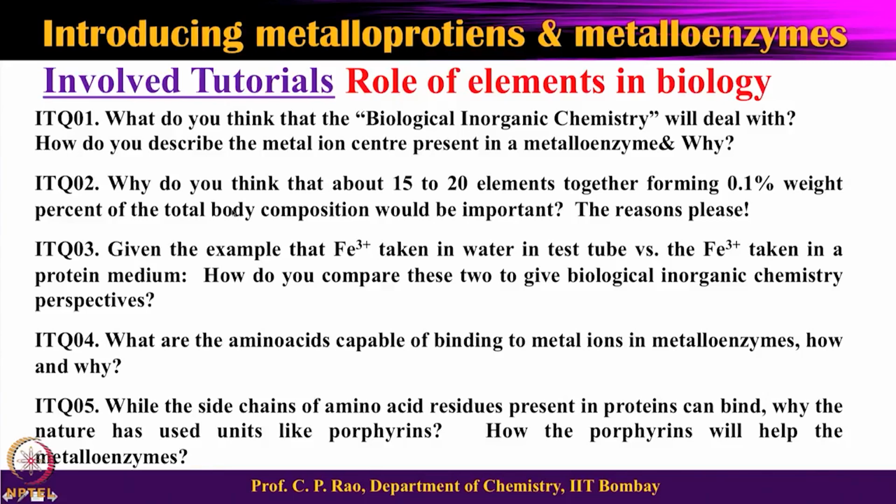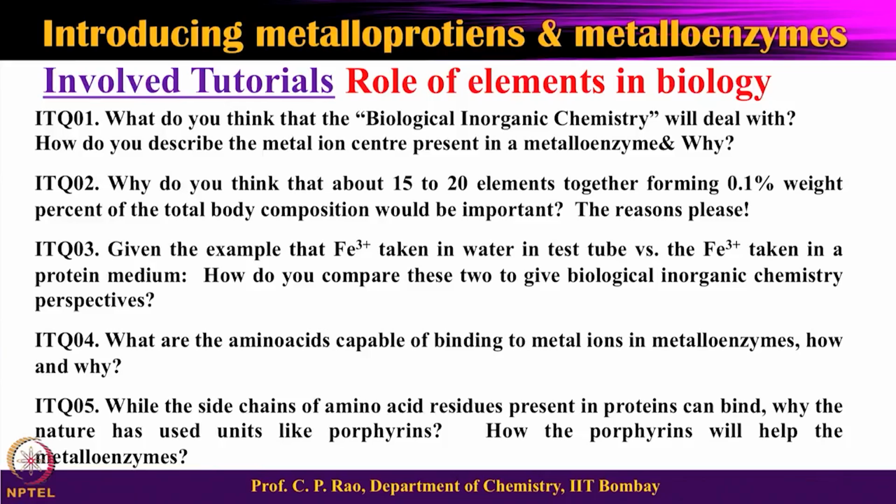Okay, let us look at another query, not so difficult, somewhat easier. Why do you think that about 15 to 20 elements together forming 0.1 weight percent of the total body composition would be important? What is the reason?